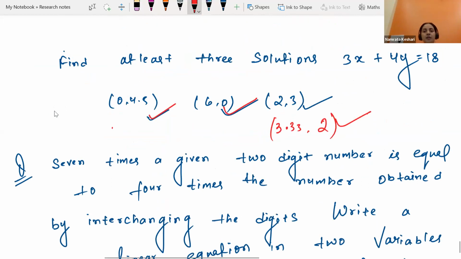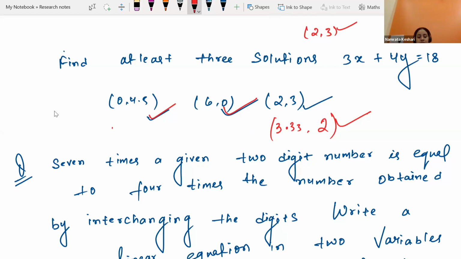Yes. And like this is one solution. Here we are supposed to find at least 3 solutions. Yes, ma'am. This is perfect. 2, 3 is perfect.